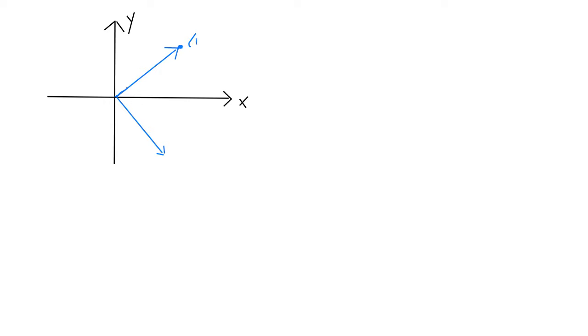This vector has coordinate 1, 1. We'll call this vector u. And vector v here has coordinate 1, negative 1.